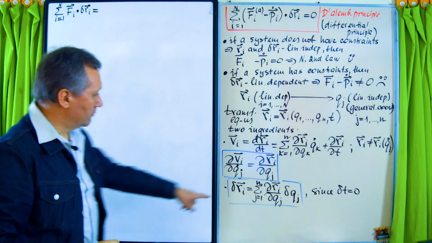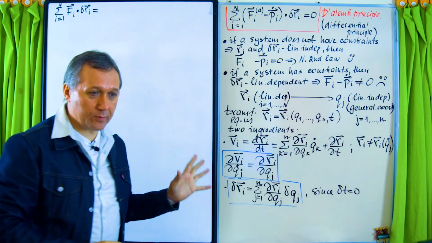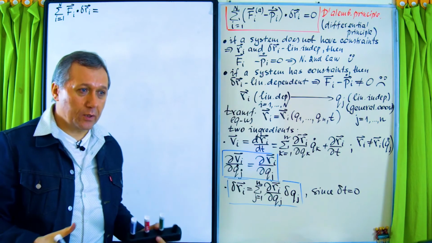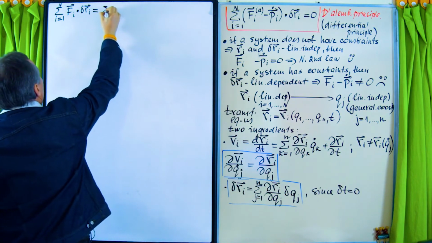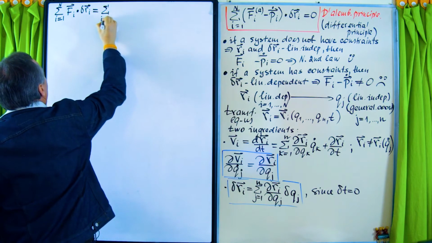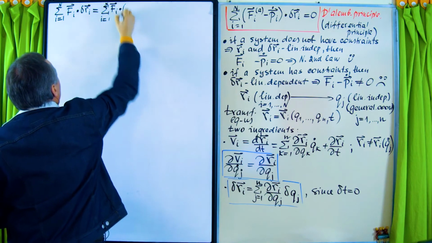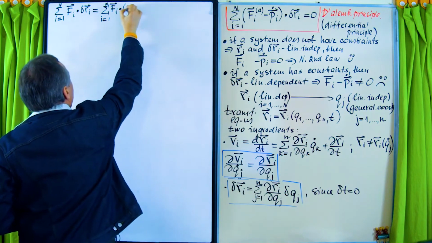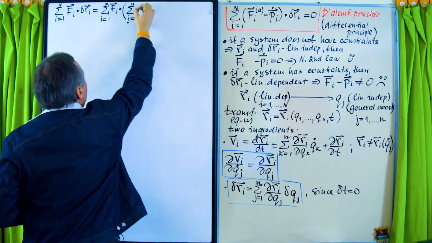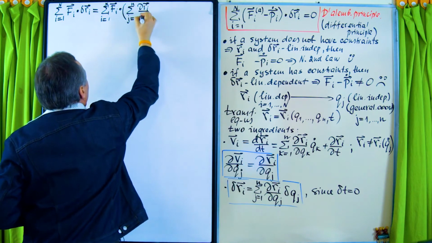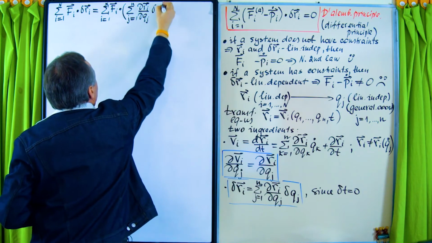This prepared ingredient we can use immediately in this equation. And again, you remember how we need to arrange. Let me first write, and then I will start arranging. Summation over i from 1 to n, F_i dotted with the summation over j from 1 to n small, of dr_i over dq_j and delta q_j.